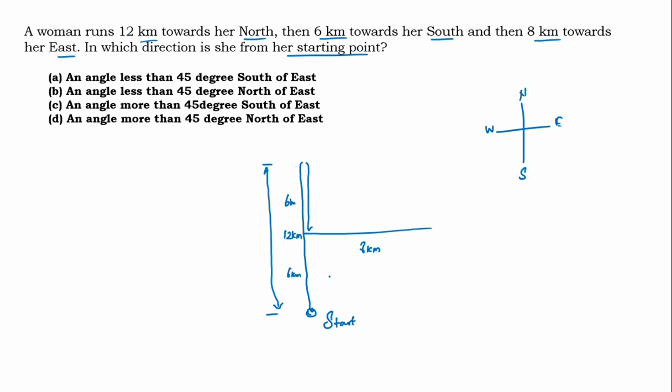Now what you have to do, if this length and this length is same, she will be perfectly in 45 degree, right? But now she is here, which means she is in an angle which is less than 45 degree, right? She is in an angle less than 45 degree north of east. So this is the right answer.